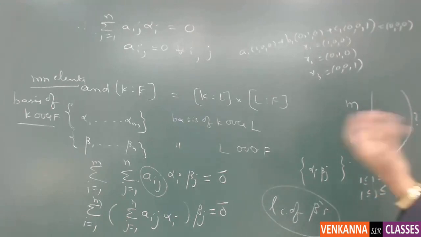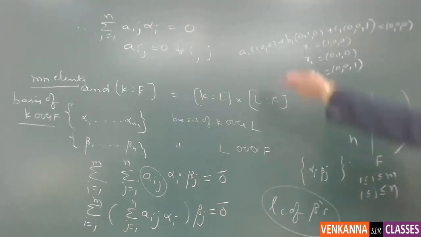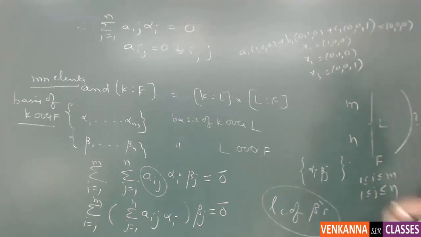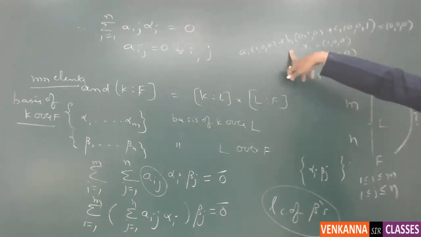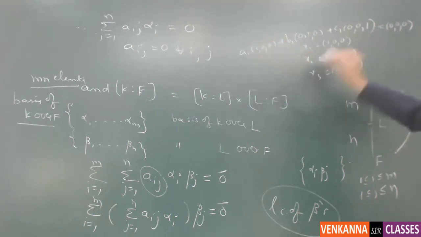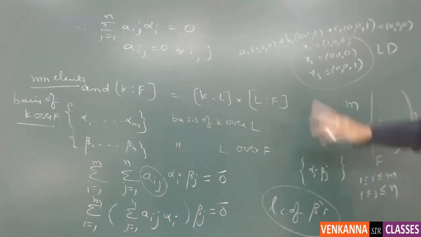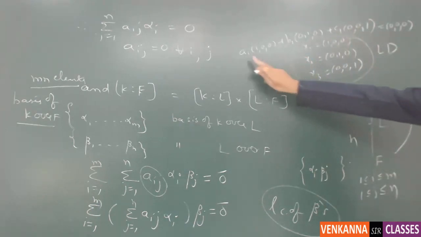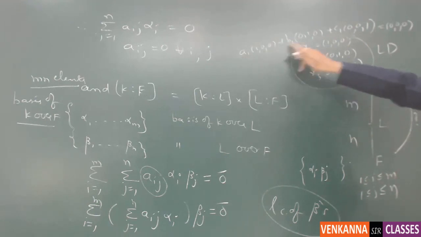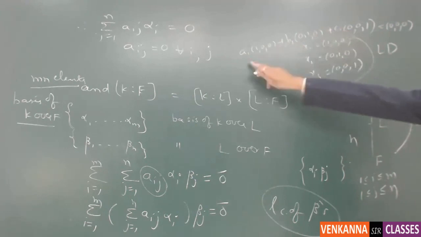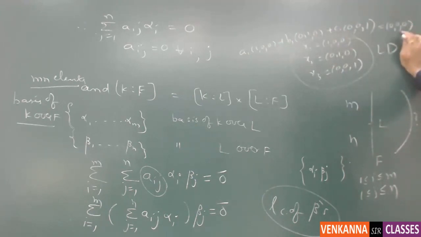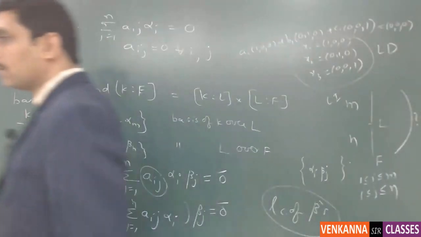Can you substitute any non-zero numbers such that on summing all these values, you will get (0, 0, 0)? If you get non-zero values in place of a1, b1, c1, the set is linearly dependent. If the only possibility is that a is 0, b is 0 and c is 0, that means all the scalars are 0, then only it is equal to 0. Then we say that the set is linearly independent. Okay?